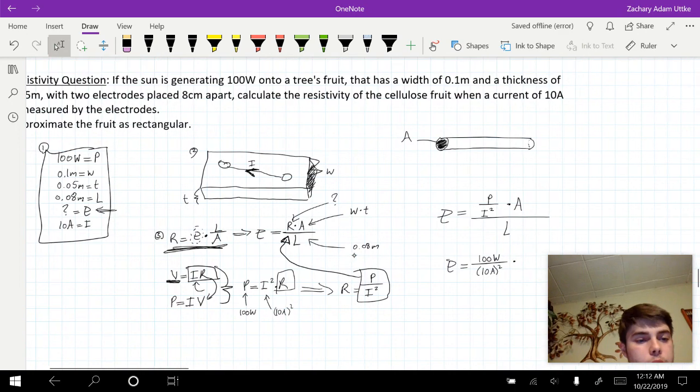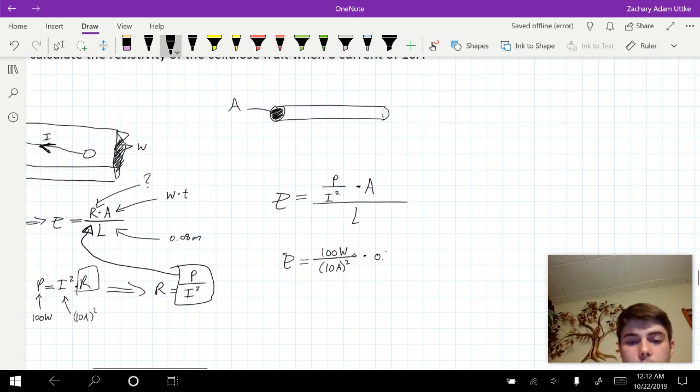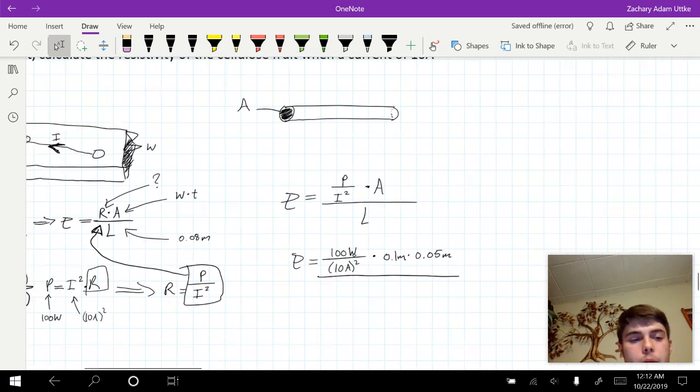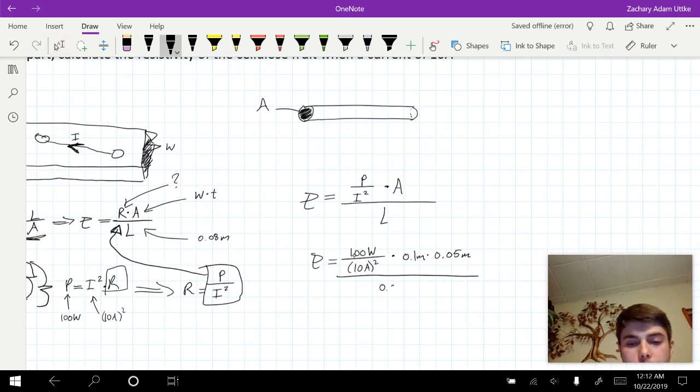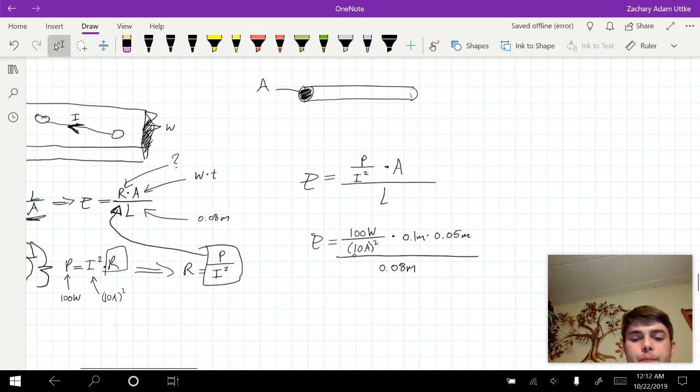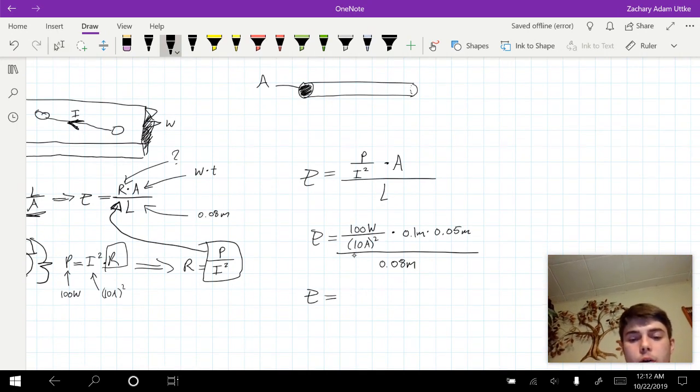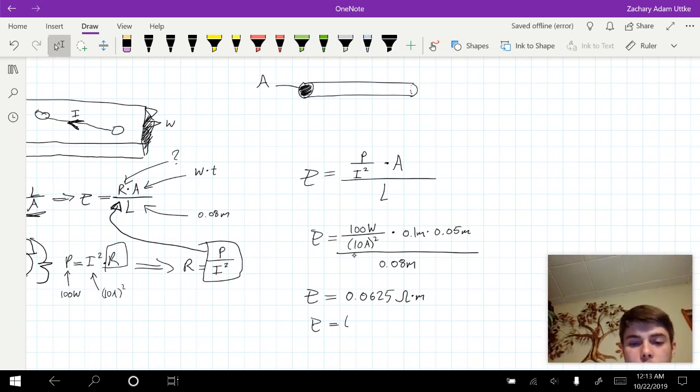So 0.1 meters times 0.05 meters divided by our length, the length between the two electrodes, which was 0.08 meters. So we find that our resistivity equals 0.0625 ohm meters, or 6.25 times 10 to the negative second ohm meters. So this is our answer for resistivity.